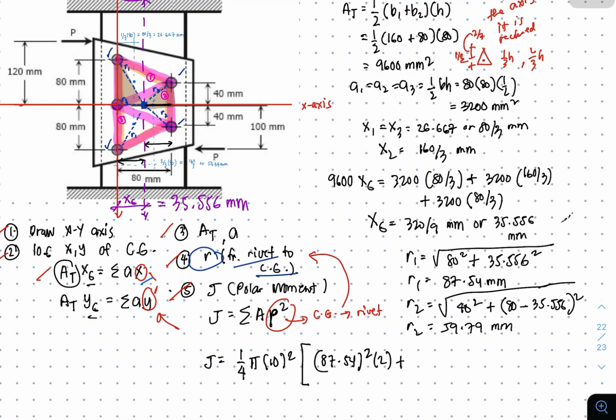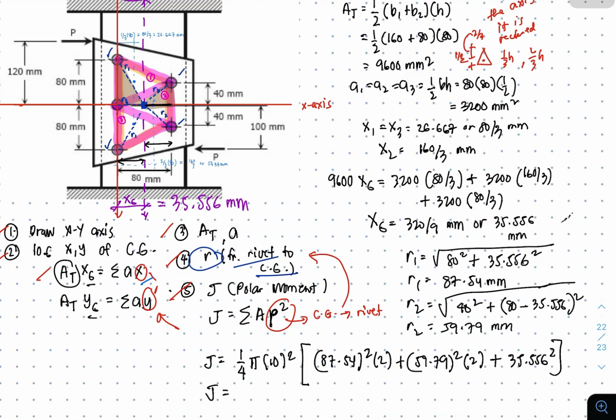Next is for R2, that is simply 59.79 squared, and we have 2 R2, so we need to multiply this by 2. And we have here R3, which is simply equal to our x sub g, and that is 35.556 squared.